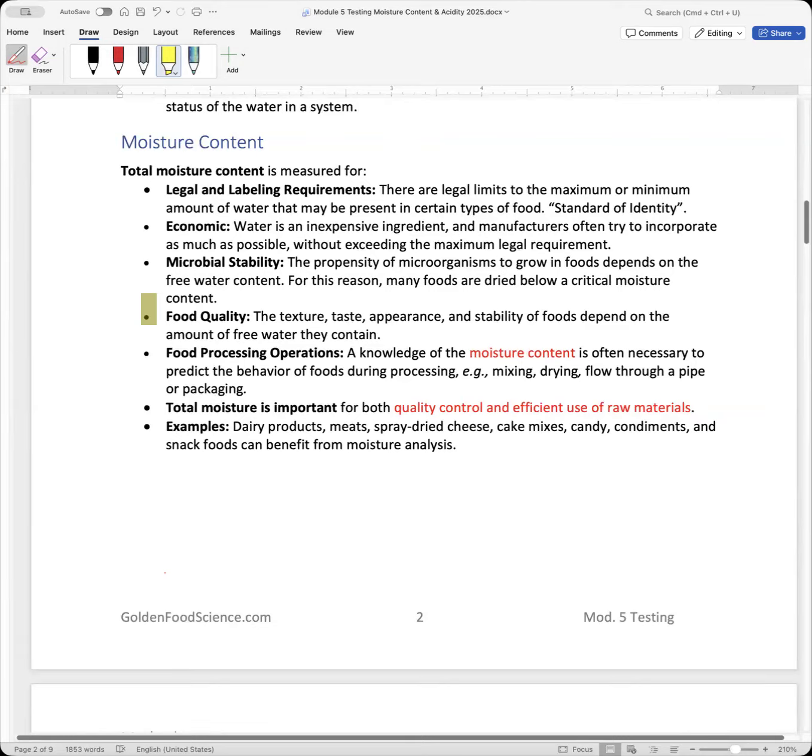So that can be a reason to measure total moisture content. Economic: water's cheap, but expensive to ship because it's heavy. So how much water do you want to put in there? It's cheap to add, but it's expensive to ship.